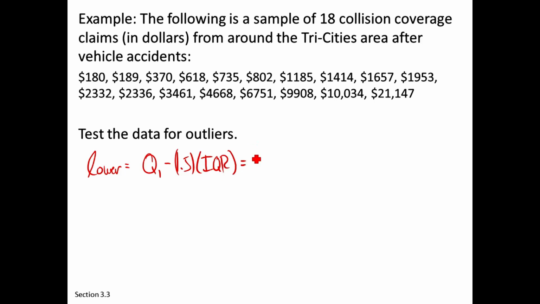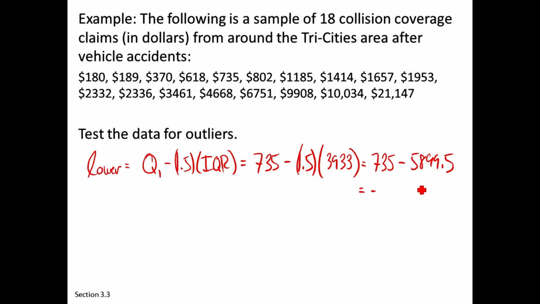Q1 was 735, and our IQR was 3933. So what is 1.5 times 3933? It's like 6,000 or something like that. 5899.5. So this is actually going to give us a negative number, like way negative.